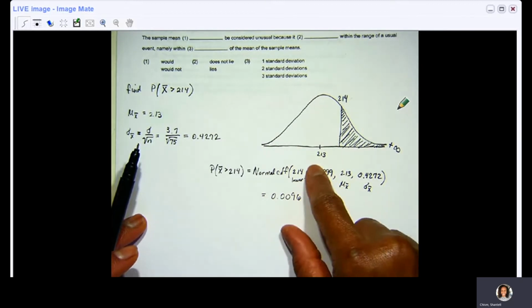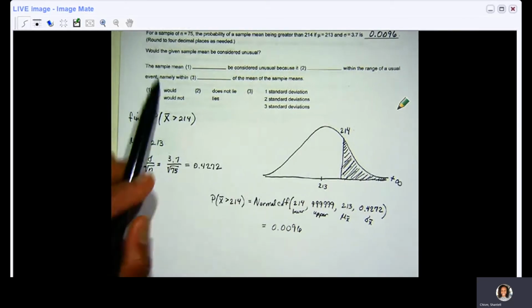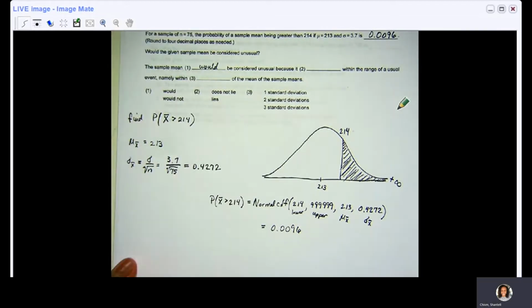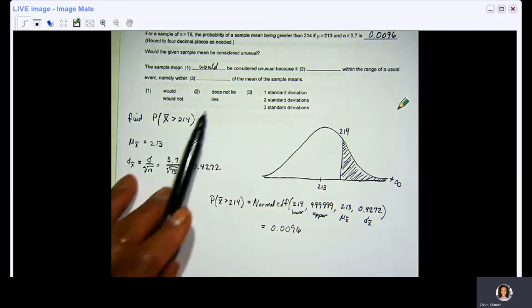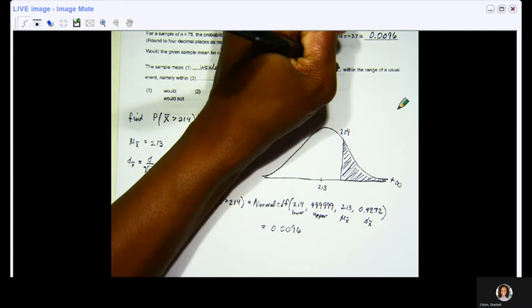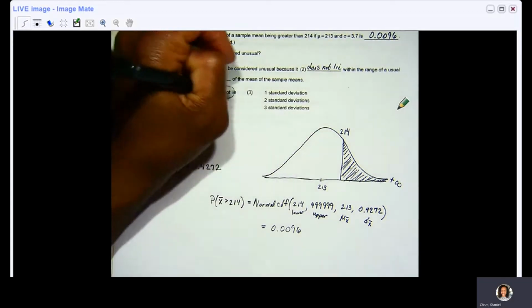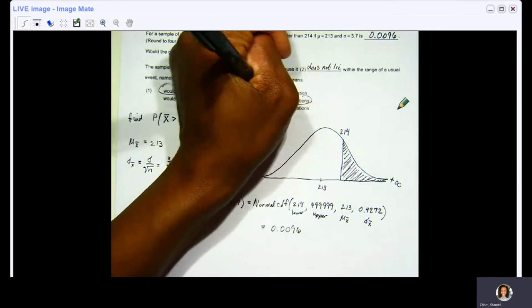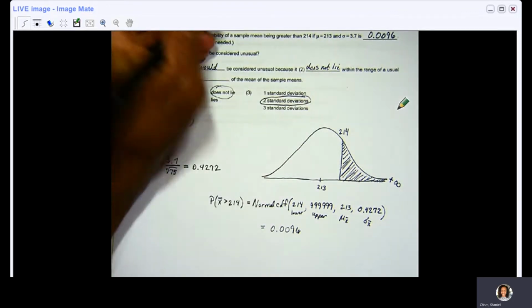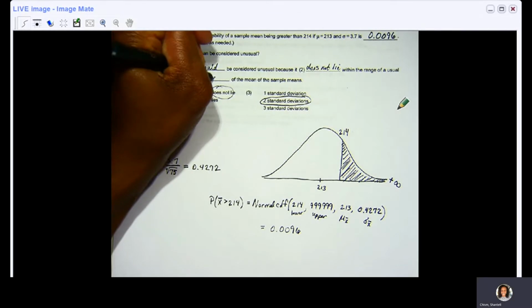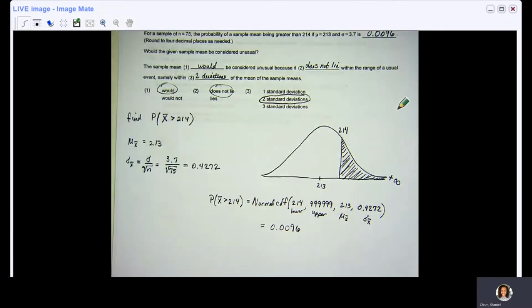The sample mean would be considered unusual because it does not lie within 2 deviations of the mean. It lies beyond 2 deviations. So it would be considered unusual.